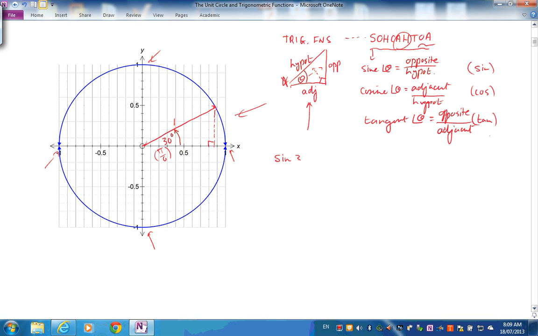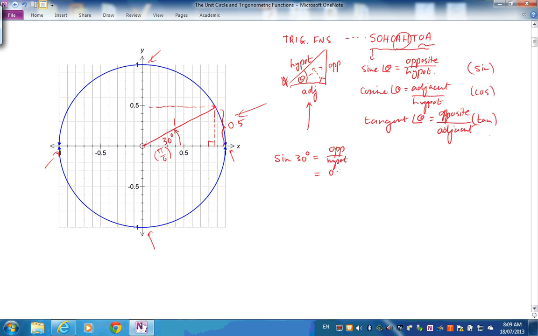The sine of 30 degrees is the opposite over the hypotenuse. So what's the opposite? Oh, that's this side here. So that is, oh, that's interesting. How high up is that? Here it is there. It's 0.5.